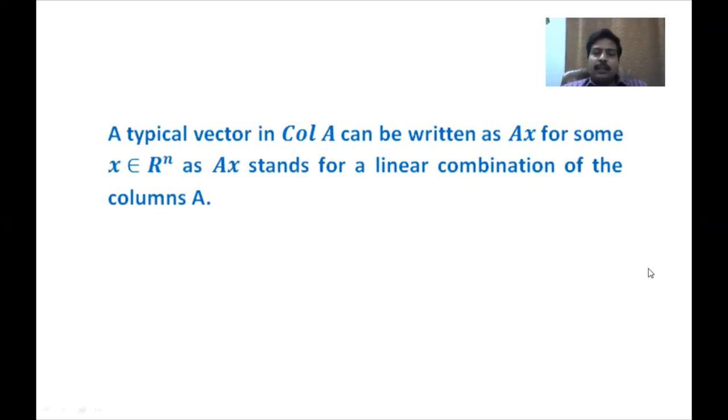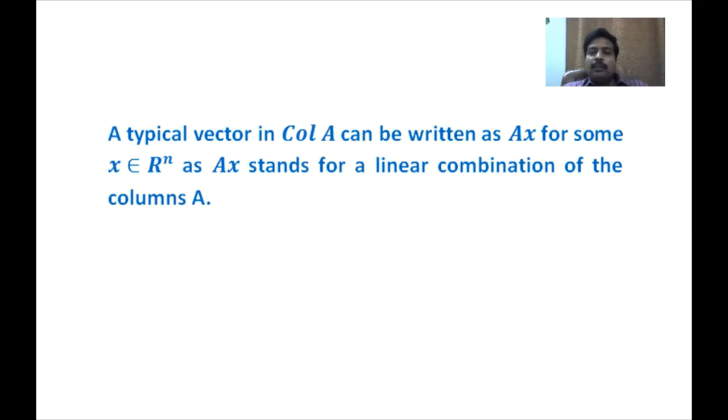A typical vector in column space A can be written as Ax for some x belongs to Rn. Any vector in column space A will be in the form of Ax, where x belongs to Rn. To multiply A with a vector, that vector must be in Rn, since A is an m by n matrix.